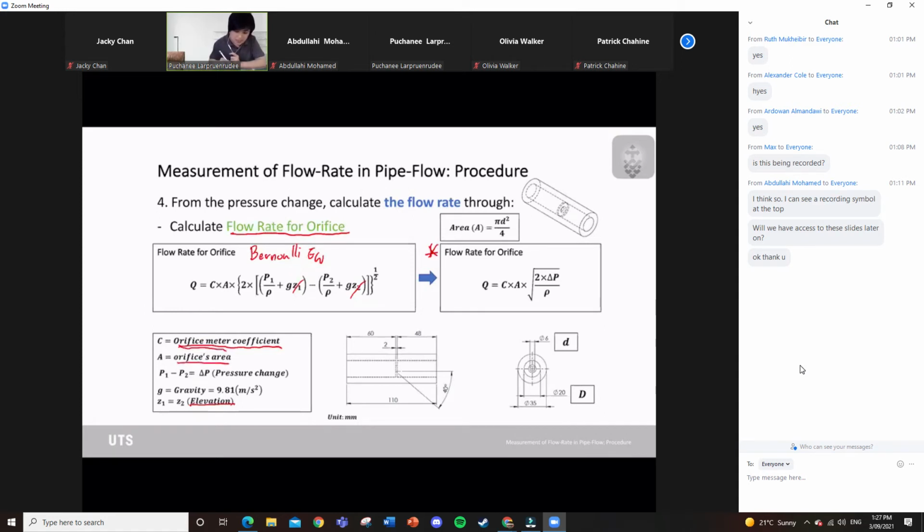And delta P again, pressure change. We already get it from data sheet. And G gravity 9.81. In this case, we consider only here pi d square over 4. Only small section, small diameter. This one is for orifice.